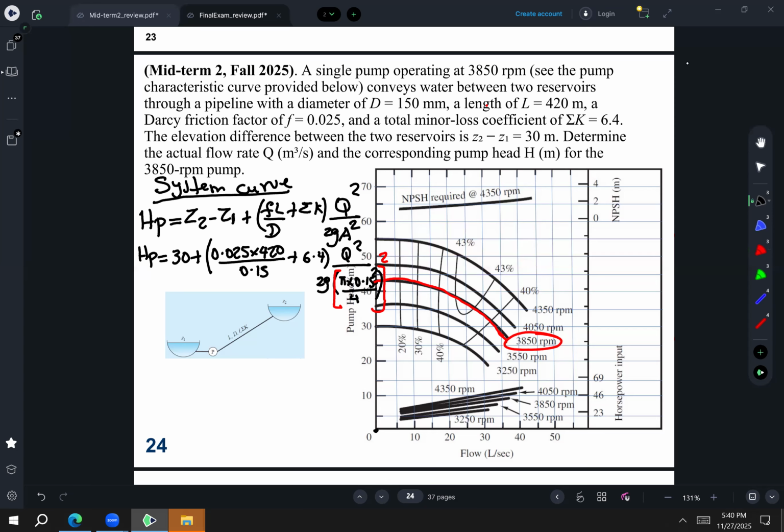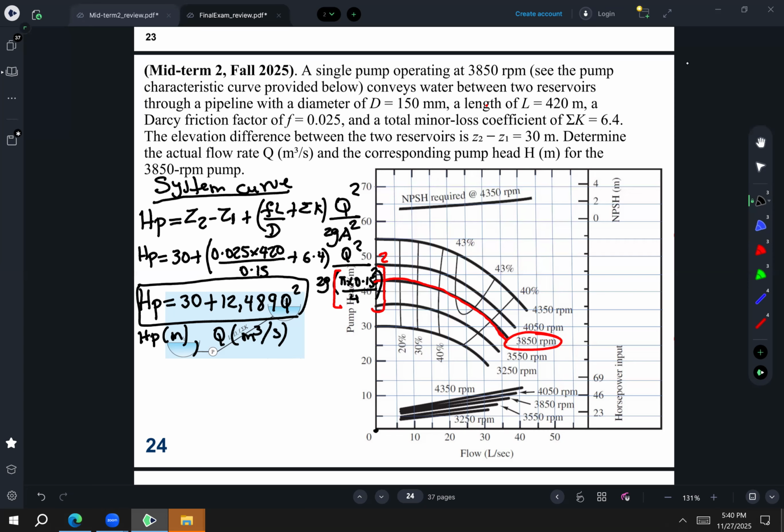And this will give us an Hp equal to 30 plus 12,489 Q squared. Hp is in meters, and Q, of course, will be in cubic meters per second.